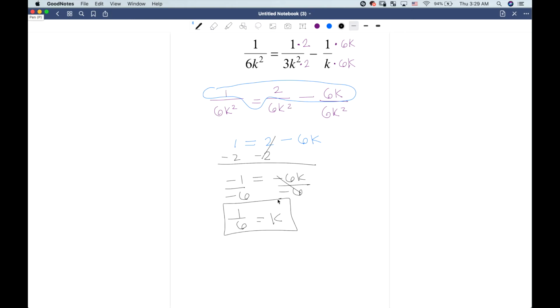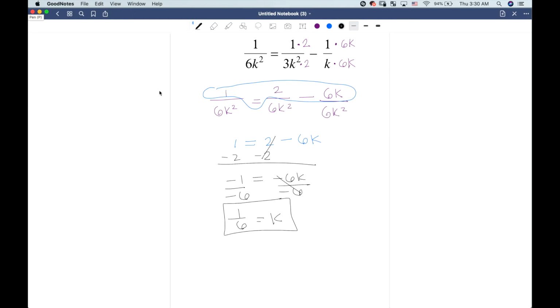Now, don't just assume that this is the correct answer. We have to double check our work because we might have an extraneous solution. Remember, extraneous solutions are the false answers. They're the answers that end up being wrong.